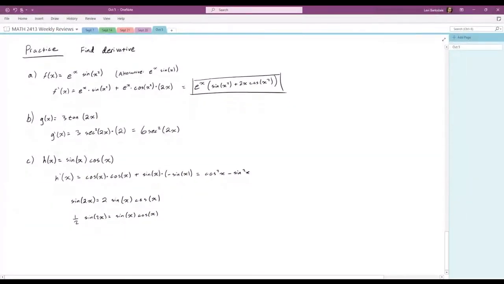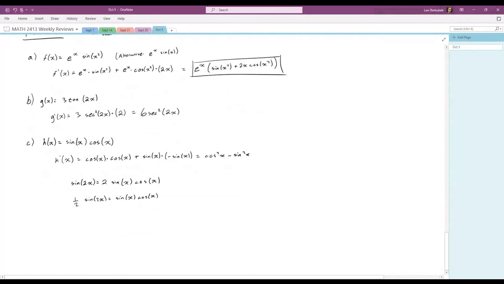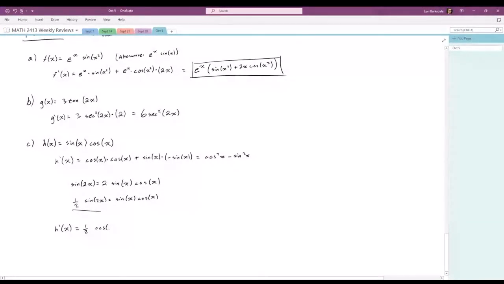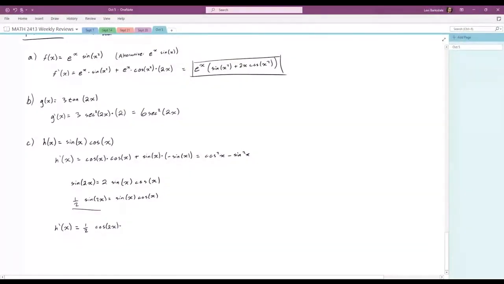So instead of taking the derivative of sine of x times cosine of x, I'm going to take the derivative of 1/2 sine 2x because they're the same thing. So I would have 1/2 times cosine of 2x multiplied by the derivative of 2x, so times 2. And this is just cosine of 2x. So this is actually my derivative as well.